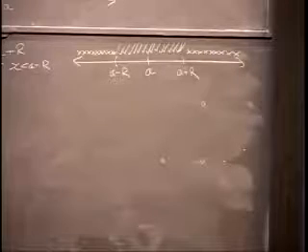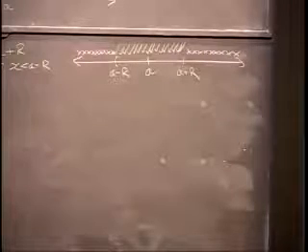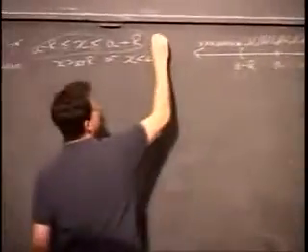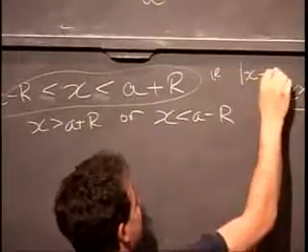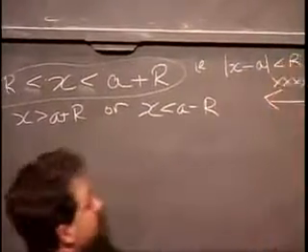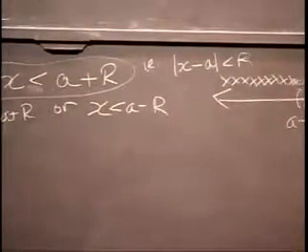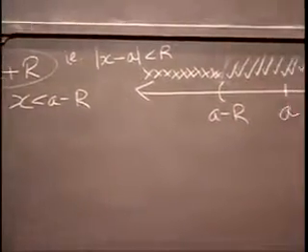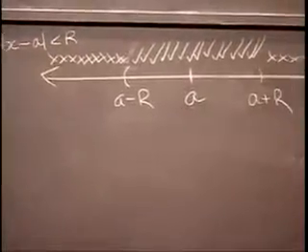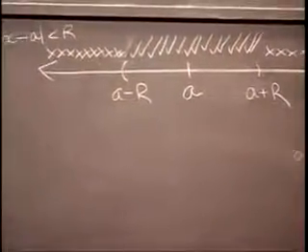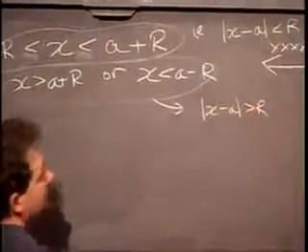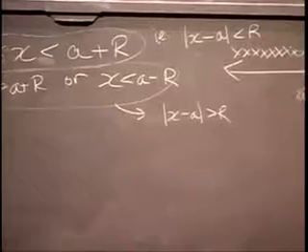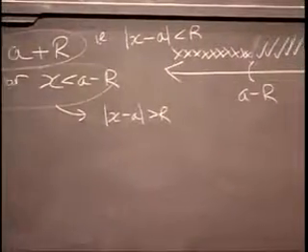Now, a couple of comments. A good way to rewrite this inequality is to say that the distance between x and a is less than r. On the number line, the absolute value of x minus a is the distance from x to a. And in the other case, the absolute value of x minus a is greater than r. So that's one comment. You can write those inequalities as one absolute value inequality.